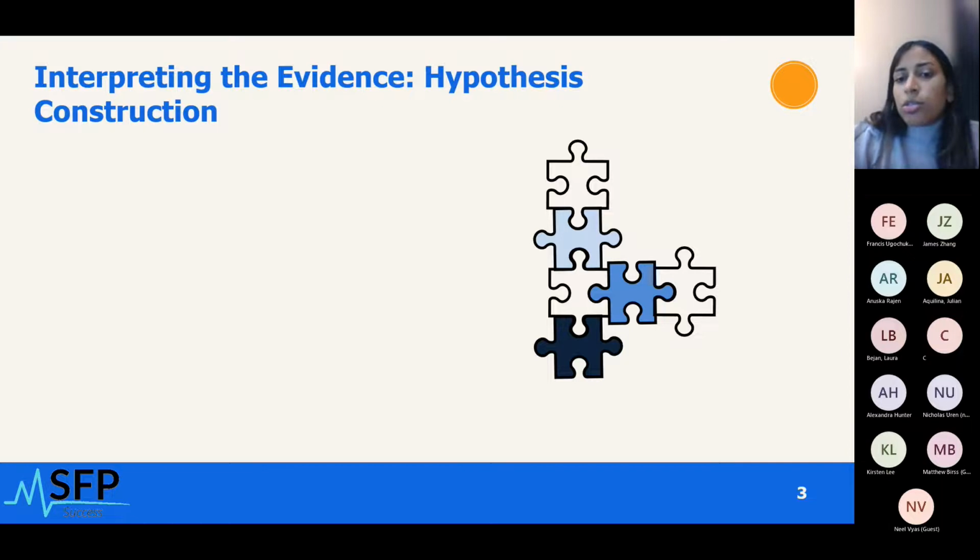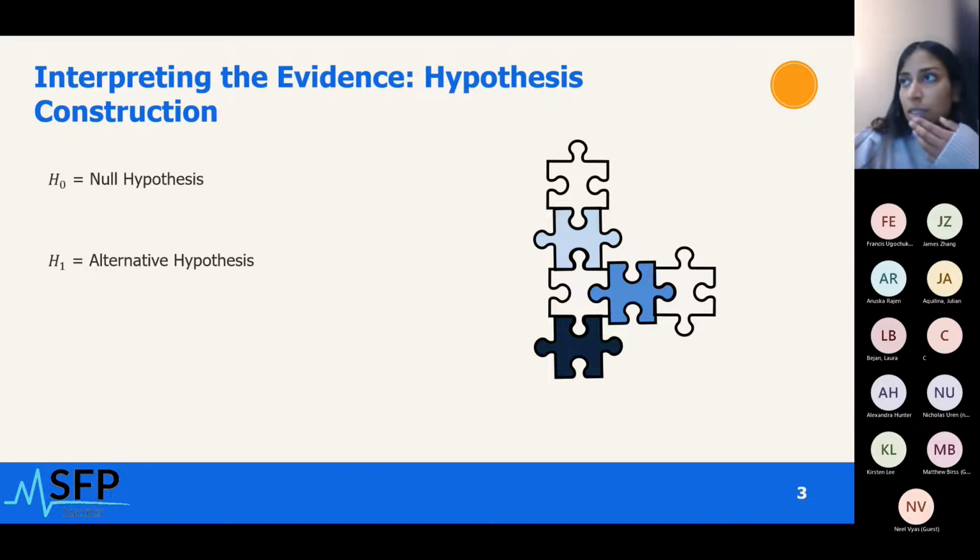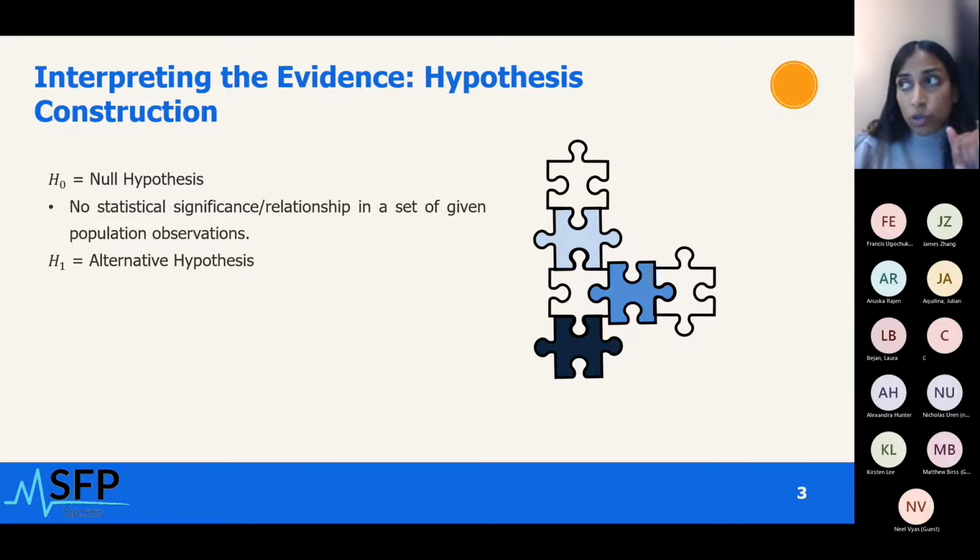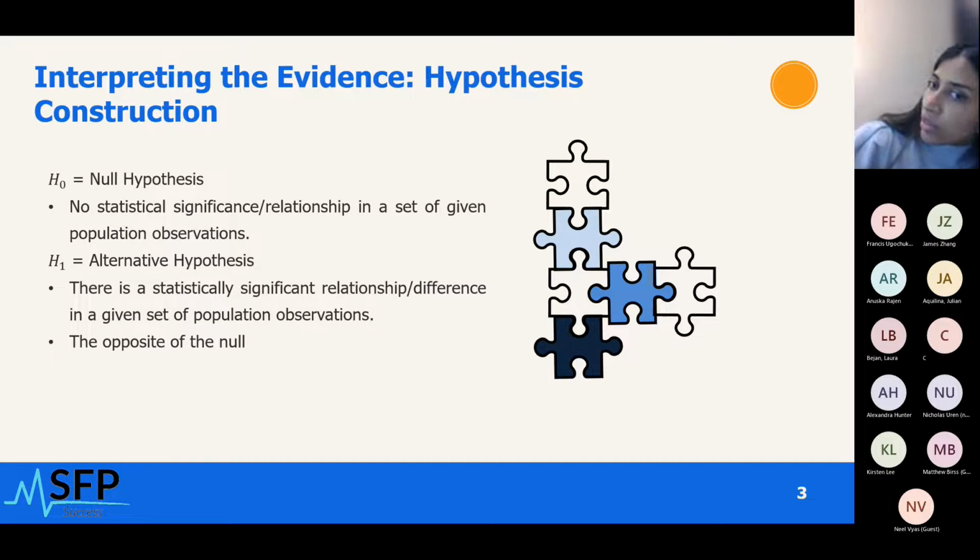That's when there is no statistically significant difference between population observations. An alternative hypothesis is that there is a difference between the populations. We call the null hypothesis H0, and the alternative hypothesis is H1, H1 being the opposite of the null.